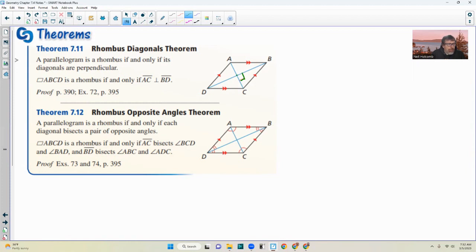So it says here, parallelogram ABCD is a rhombus if and only if segment AC, a diagonal, bisects angle BCD, which is right here, and angle BAD, which is right here. And segment BD bisects angle ABC, which is here, and angle ADC, which is here. Okay, so the diagonals bisect the opposite angles. All right, so let's take a look at this.